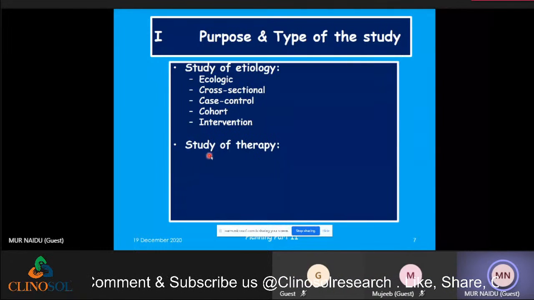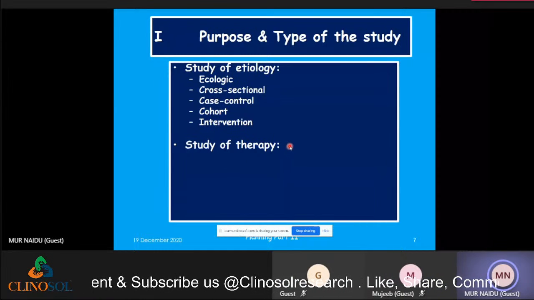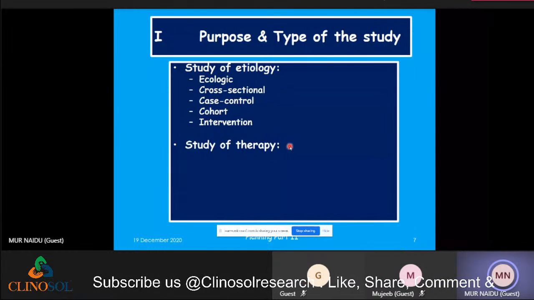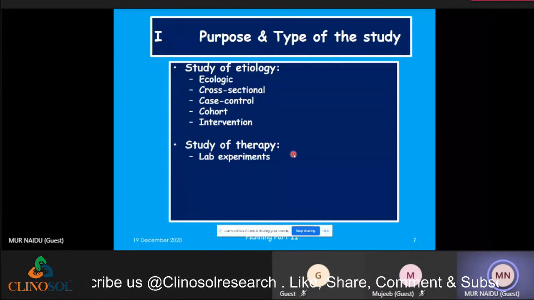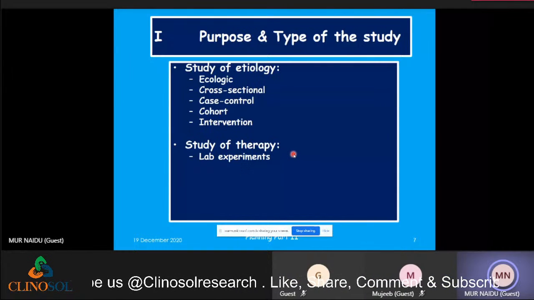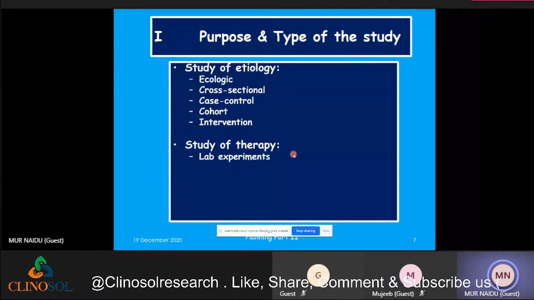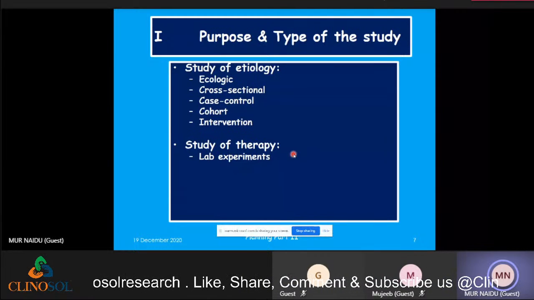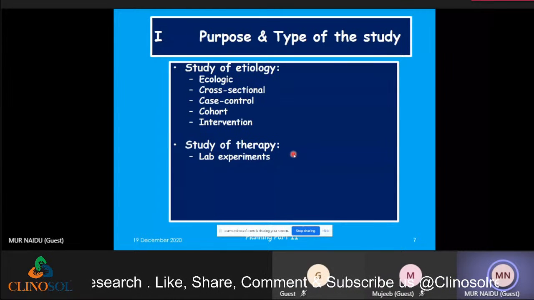Then the second thing is the study of therapy. A particular therapy is there, and we want to study that therapy as a part of my clinical research. For example, a lab experiment. You are conducting a particular lab experiment and identifying what is going to happen. A very good example is when you want to evaluate a drug which decreases cholesterol. It is a lab experiment.